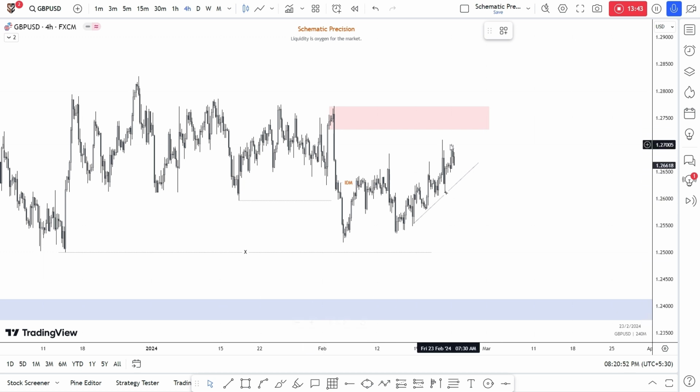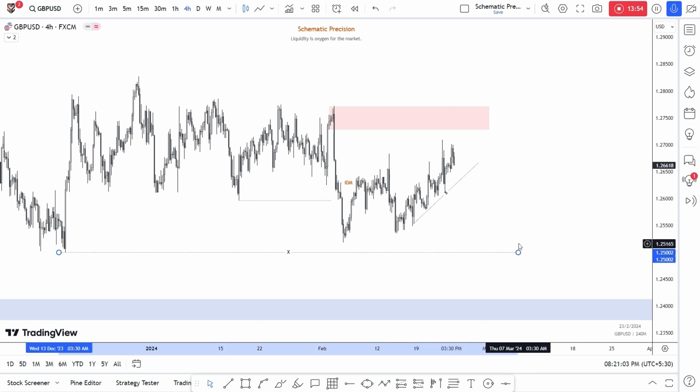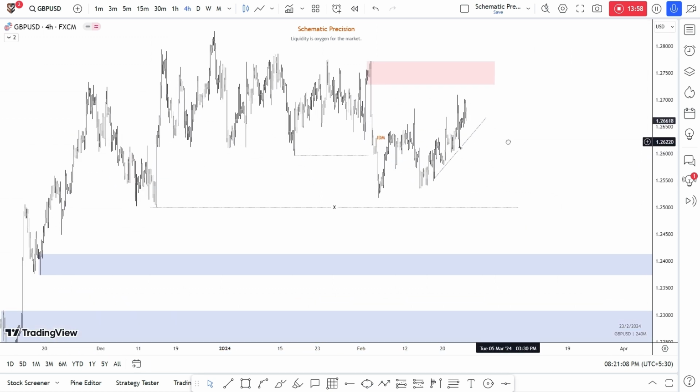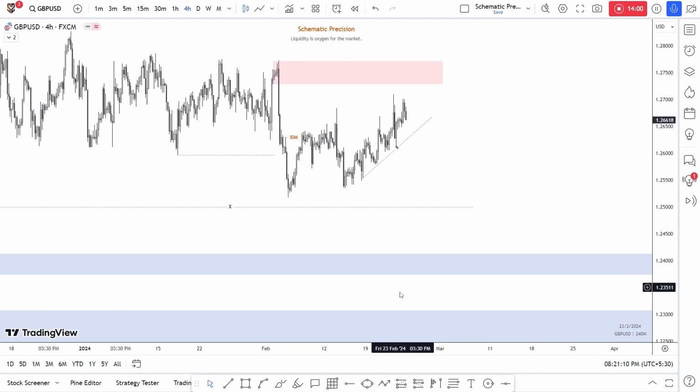And I will still expect the market to continue higher to mitigate this extreme supply zone, and continue down to take this inducement at least. Taking of inducement is more important than mitigation of any POI. And why am I saying this? What can price do here?